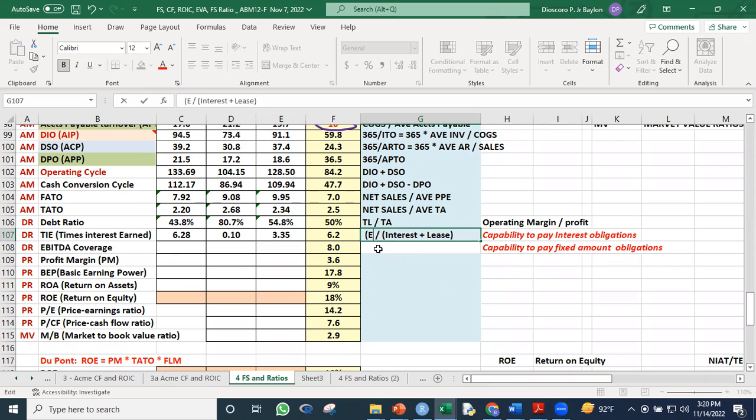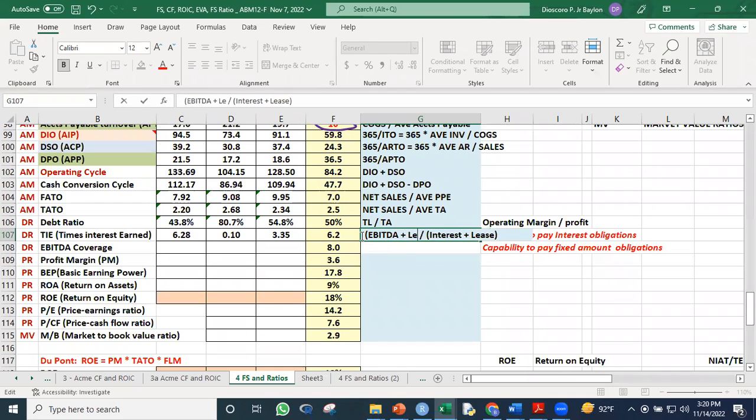So our numerator will be, manggagaling tayo sa EBITDA. No? Bakit? Kasi sa EBITDA class, nabawas na dyan yung lease. Okay? Kasi ang susunod na ibabawas na, di ba, depreciation and amortization. Tapos interest na, tapos taxes na. So, sa EBITDA, nabawas na yung lease.